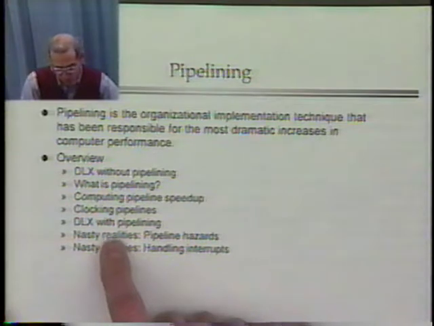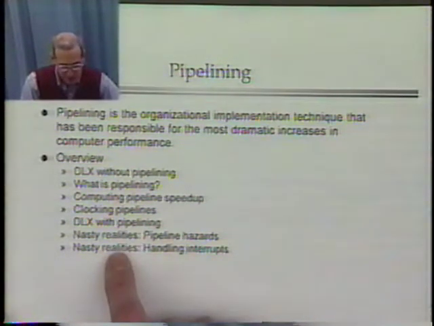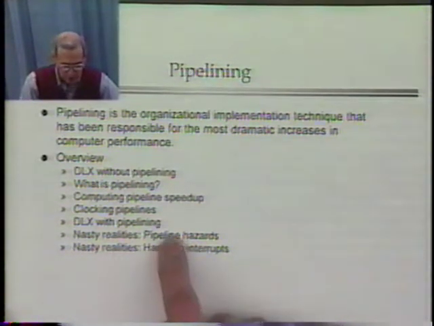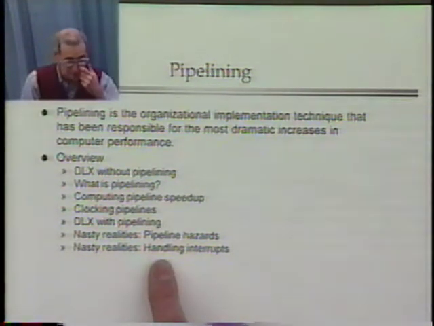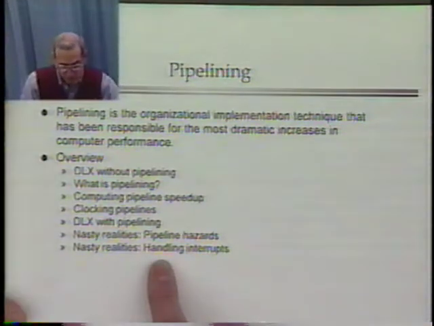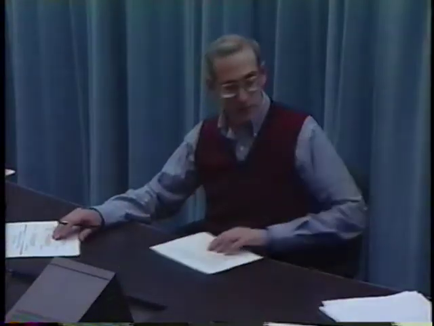And then we'll talk about more nasty realities, and this time at a higher level of DLX pipelining, to realize that the simplified approach to how pipelining works doesn't really work in reality, and there are lots of complications that we have to solve before you can actually build a pipelined RISC machine and sell it to your customers. So that's the outline.